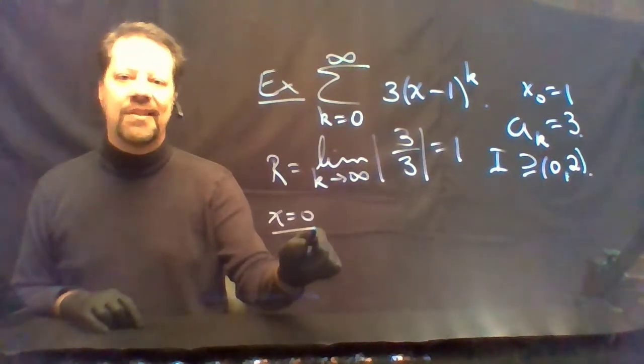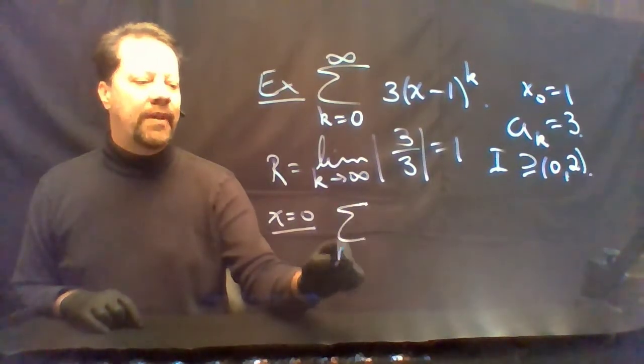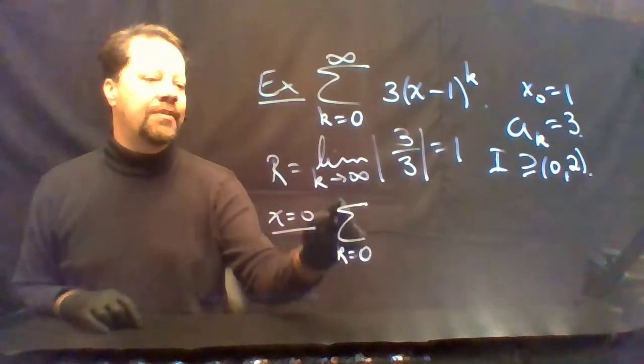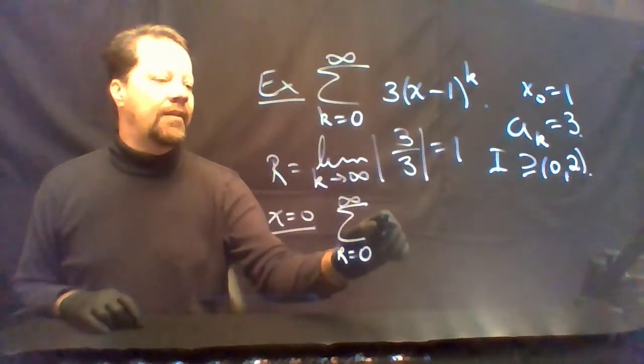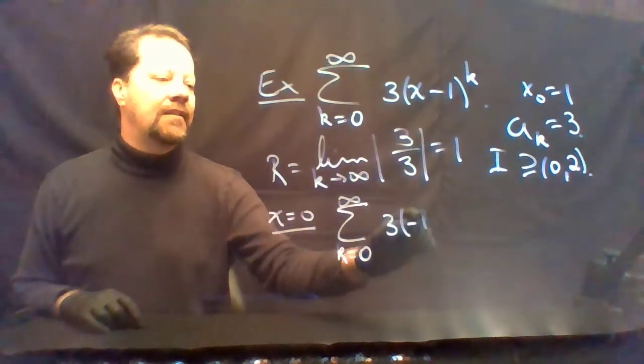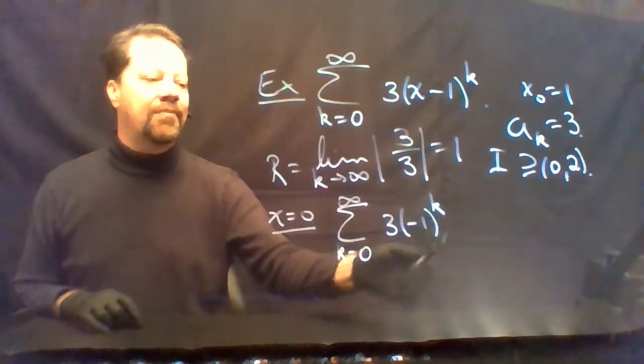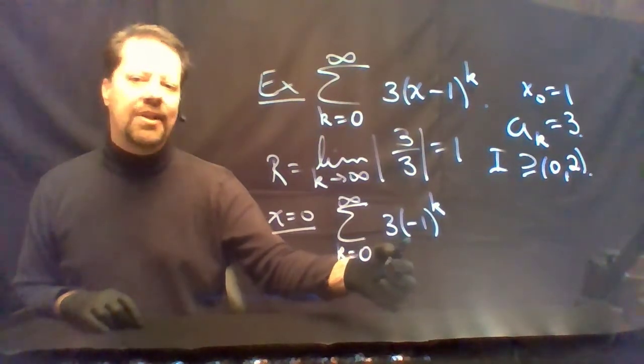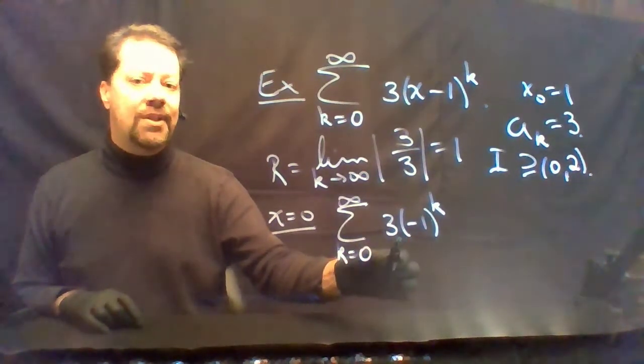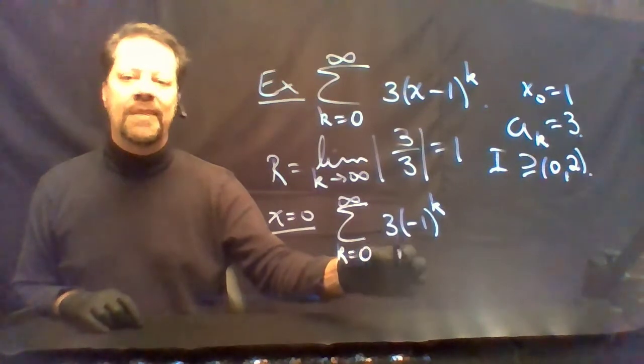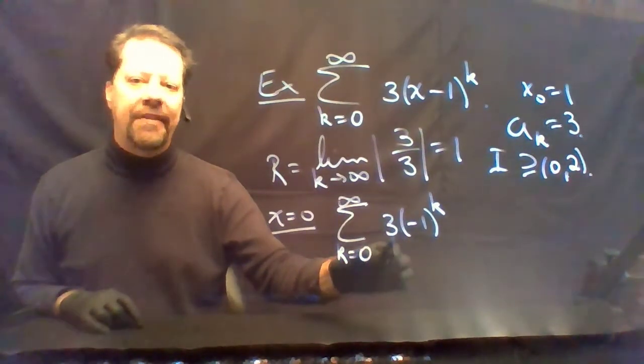What happens at 0? We have the sum as k goes from 0 to infinity of 3 times negative 1 to the k. While this is an alternating series, the terms don't go to 0, which means that this diverges by the divergence test.